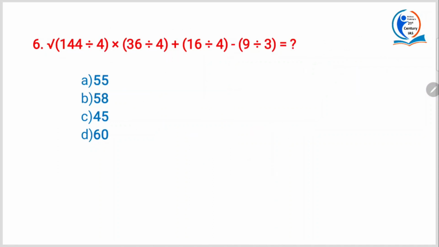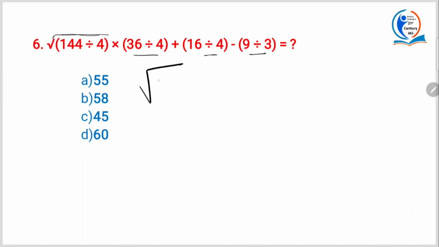Okay. Now, next, root over 144 divided by 4 into 36 divided by 4 plus 16 divided by 4 minus 9 divided by 3. See, this root is only over 144 divided by 4. Alright. So, root over 144 by 4.